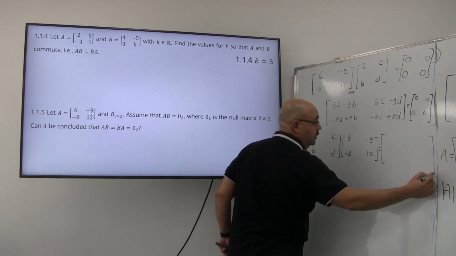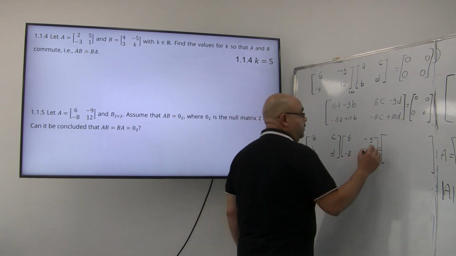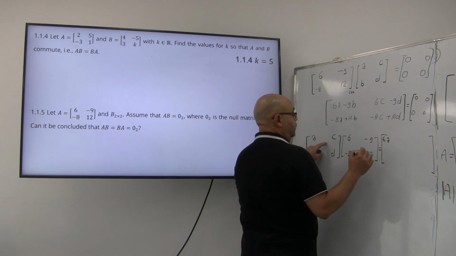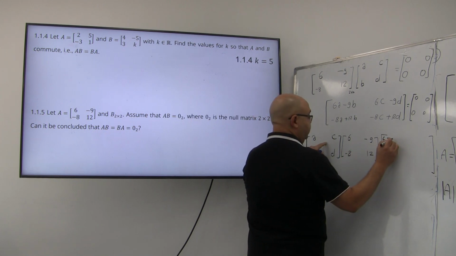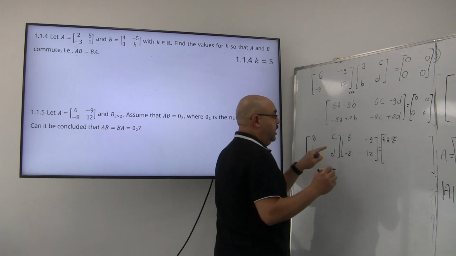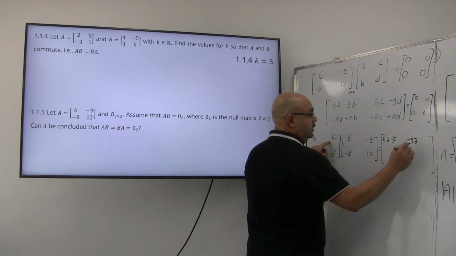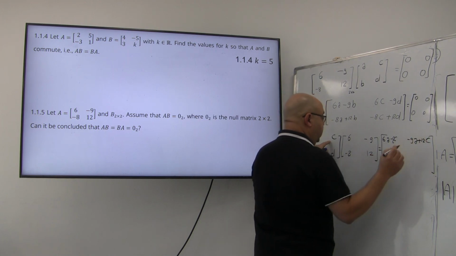So it's going to be 6 of an A plus C, negative C, negative 8C. Similarly, it's going to be negative 9 of an A plus 12C.